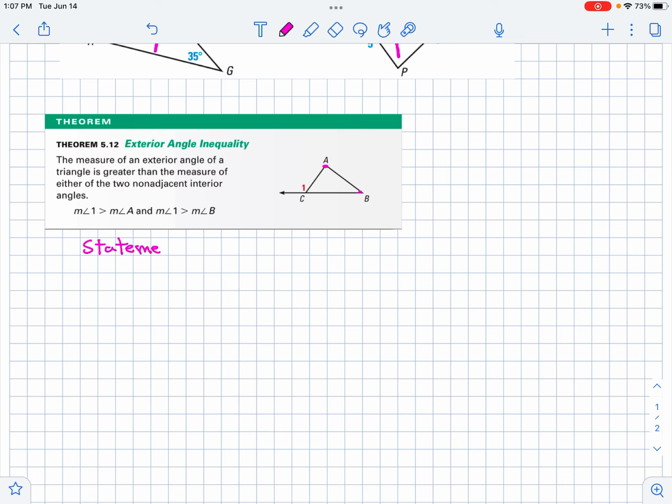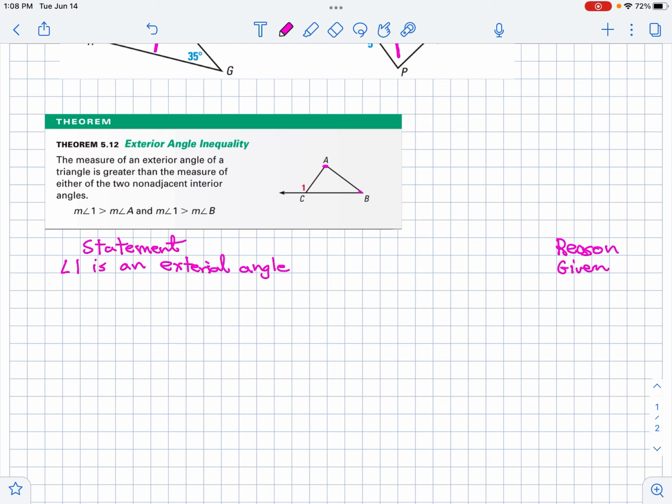Here we've got a statement, and over here we've got reason. Now, first of all, let's just start off and we say angle 1 is an exterior angle. And that's given. That's just something that's given to us. Okay? Now, what else do we know?